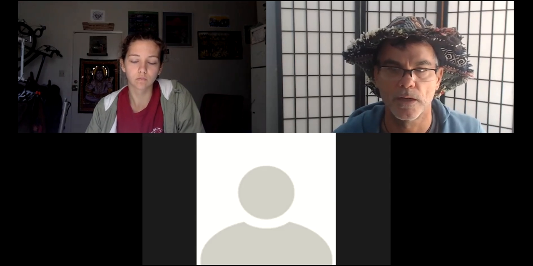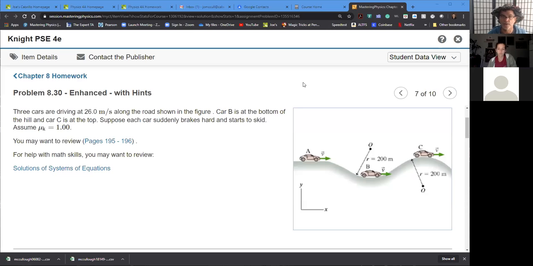They're defining the x-axis as positive to the right. So when I set up the sum of the forces in the x direction equals max, the force of kinetic friction is acting to the left. So it'd actually be negative the coefficient of kinetic friction times the normal force equals max.